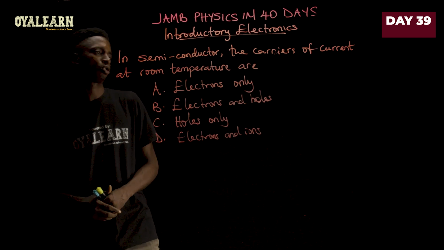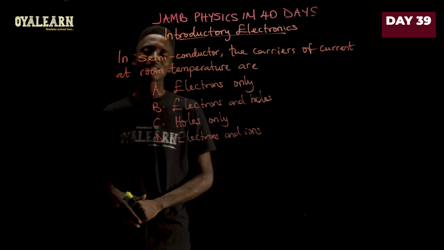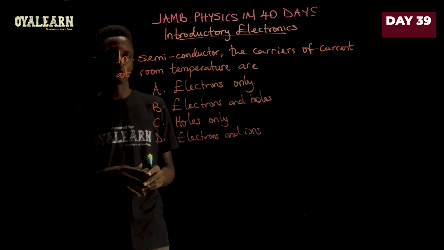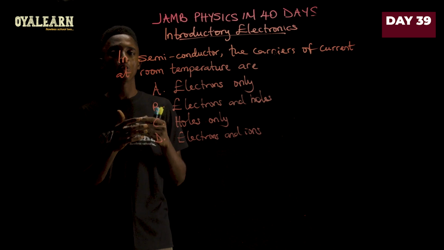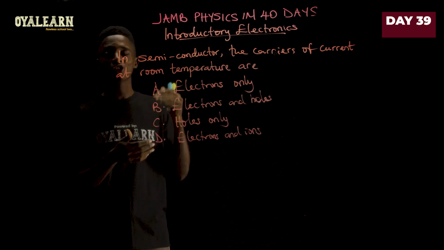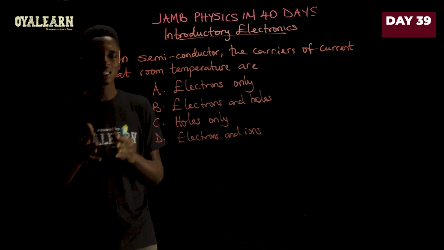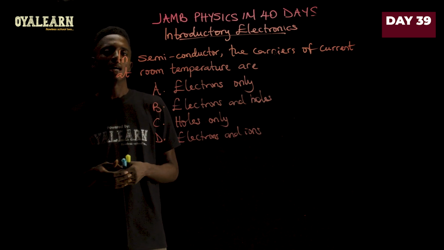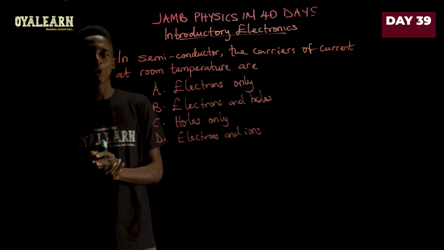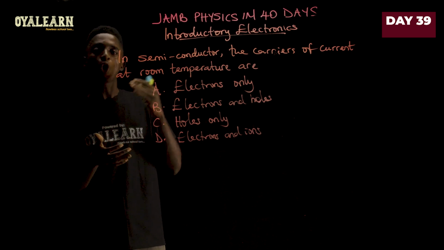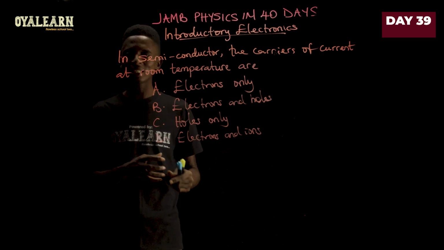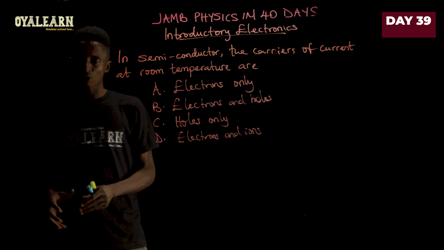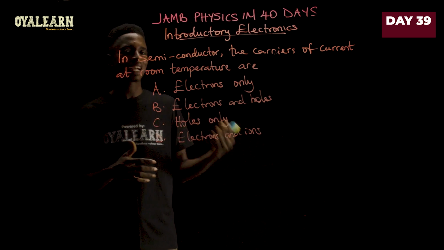In semiconductor, the carriers of current at room temperature are, now for semiconductors, what carries current, or what we call the current carriers or charge carriers, are holes and electrons. Now, the only thing is that in some cases, like in p-type semiconductor, we say that the holes are the majority charge carriers, while for n-type, the electrons become the majority charge carriers.